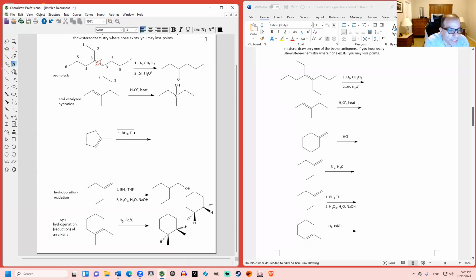I'm just going to write BH3, THF. It's the same thing. It's giving me troubles. In this case, the boron and the hydrogen on the borane add from the same face of the molecule.